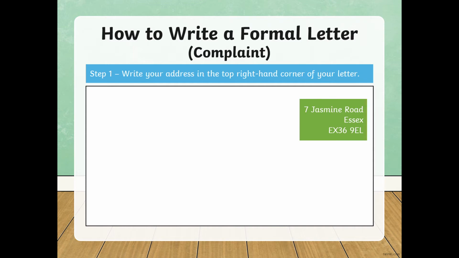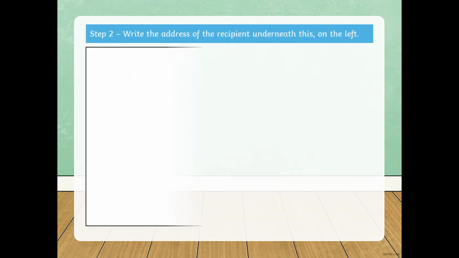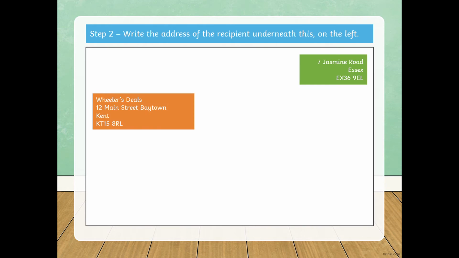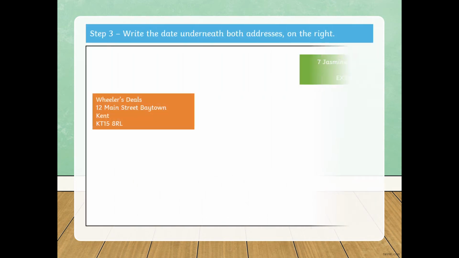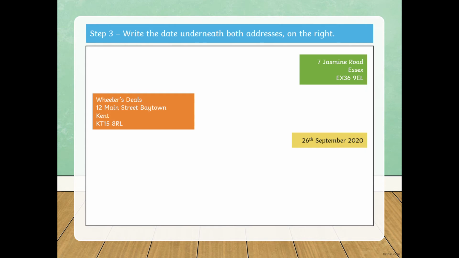So again, step 1, write your address in the top right-hand corner of your letter. Step 2, you always put who you're writing to on the left-hand side of the letter. Step 3, you always add a date to your letter, but they've demonstrated it on the right-hand side, but in the UK, we always put it on the left-hand side.